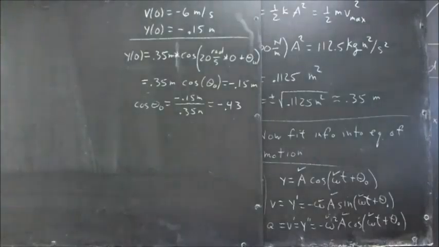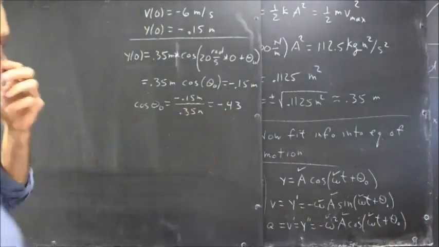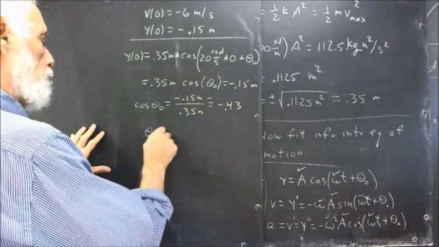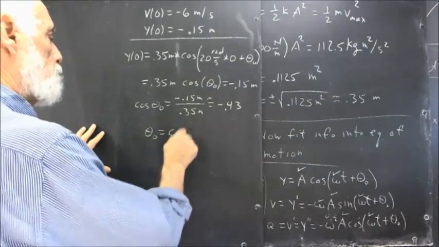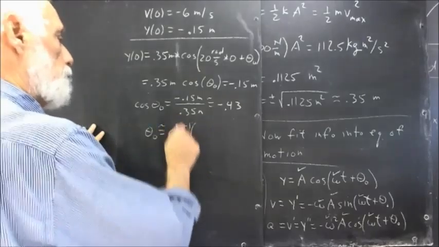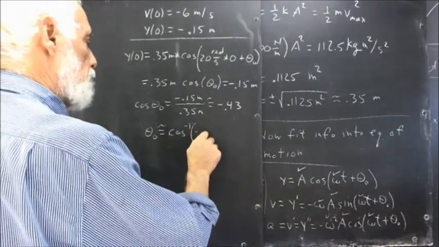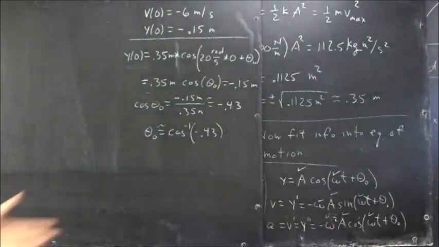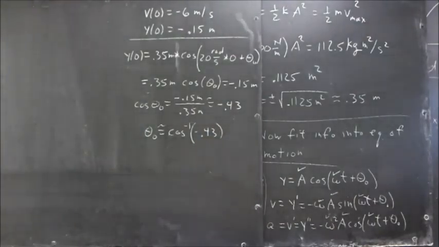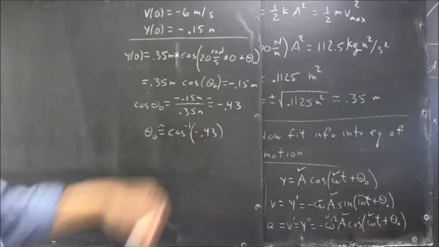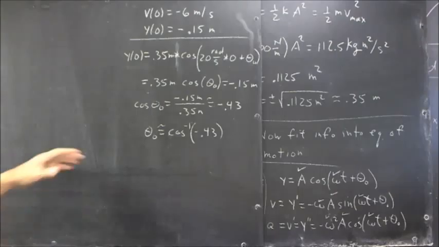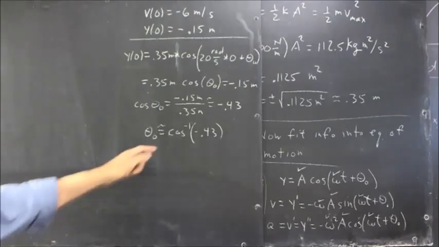Okay, that's approximately negative 0.43. That's our cosine of theta naught, so theta naught is approximately the inverse cosine of negative 0.43. Okay, so that's perfectly good. Now you can calculate that with your calculator.